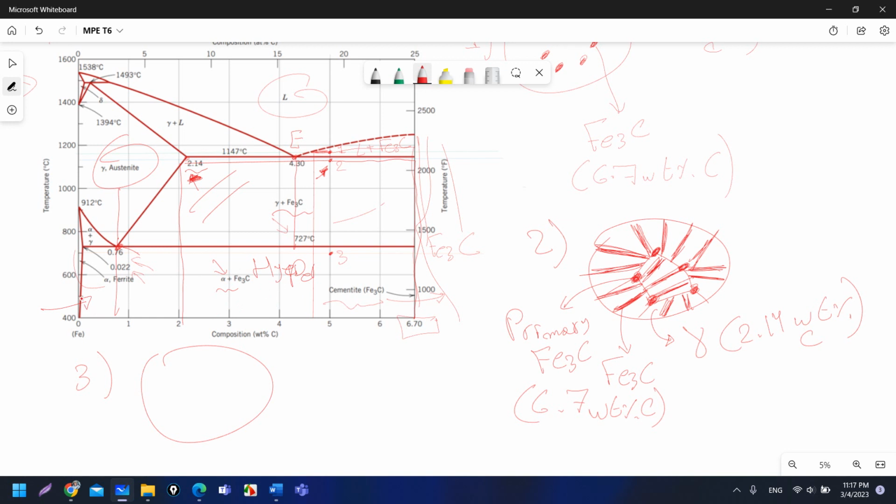If I was in the left, then I will have hypoeutectoid particles for ferrite, but here for 0.3 I have only Fe3C cementite. So I will draw, for example, the grain boundaries, and then I will put the particles of Fe3C.